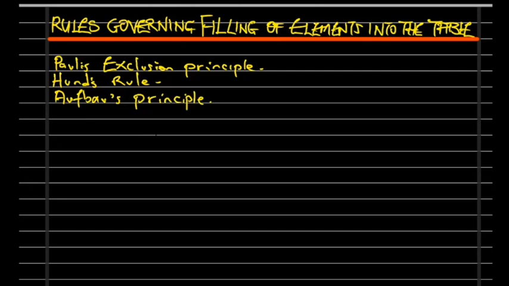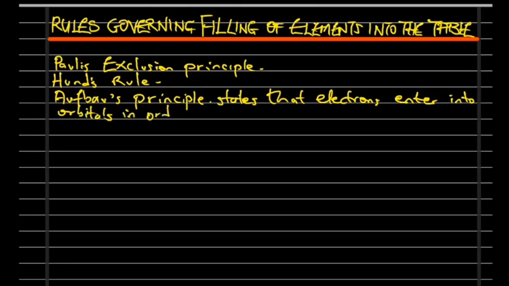The Aufbau principle states that in the building up of atoms, electrons enter into orbitals in order of increasing energy.